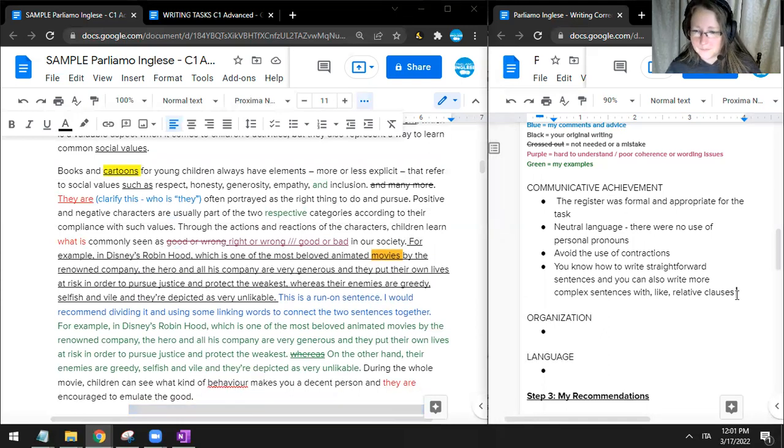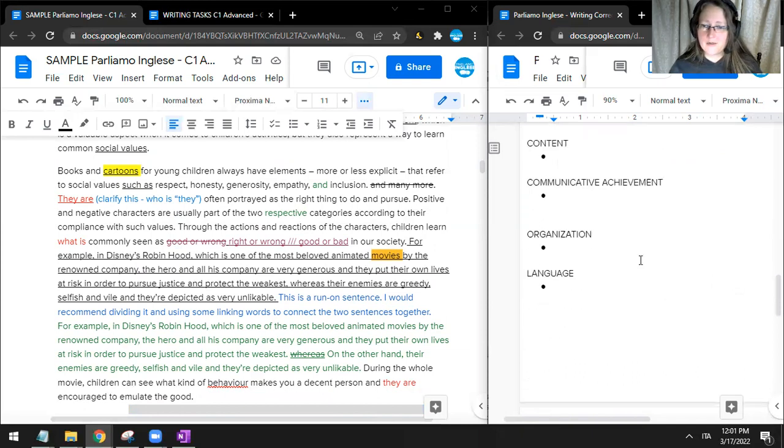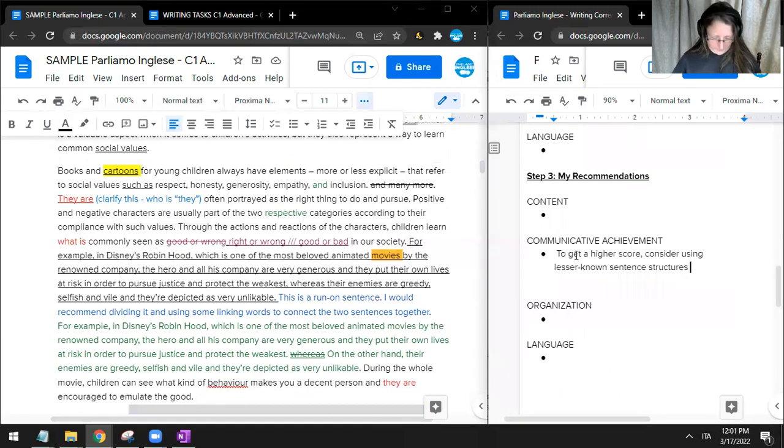So for example, maybe I'll just write it down in the recommendations. To get a higher score, consider using lesser known, more complex sentence structures.